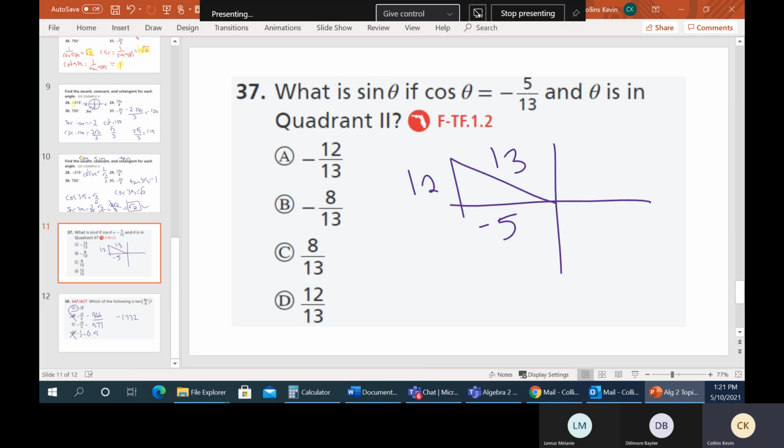Or you could use the Pythagorean theorem and you'd still get 12. Okay? Now, since we are above the x-axis, it's going to be a positive 12. And the hypotenuse is always positive. So then it says, what's the sine? Well, here's the angle we're talking about, right? So sine is the opposite over the hypotenuse. So there's your answer. Easy peasy. Lemon squeezy.